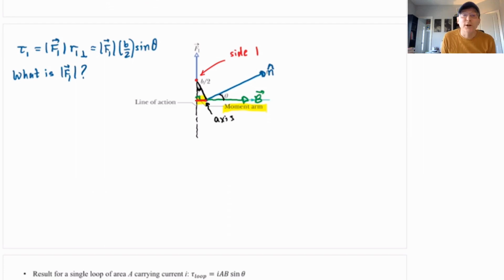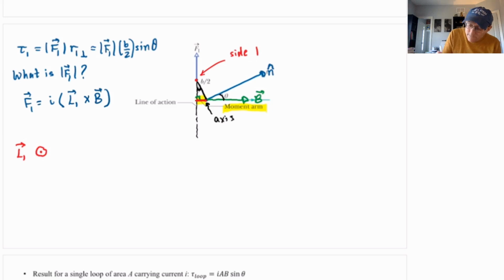We've got to figure an expression out for that. Well, that's a magnetic force on a current carrying wire, so that'll be I times what I will call L1 cross B. That's our go-to. And let me come down here right below and draw. There's the L1. You see that for side 1? It's coming straight out of the screen towards us.